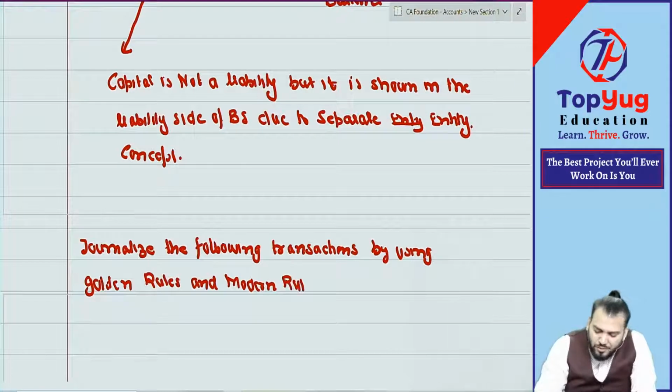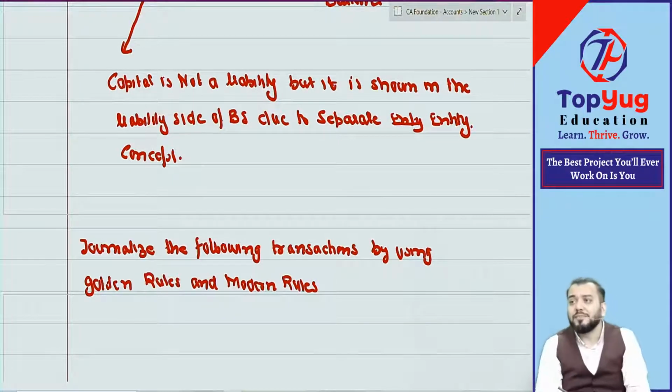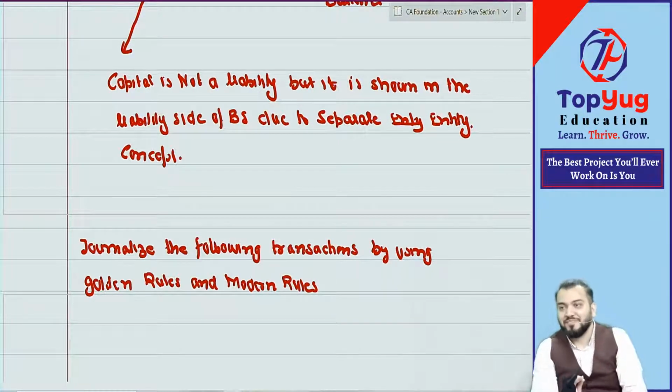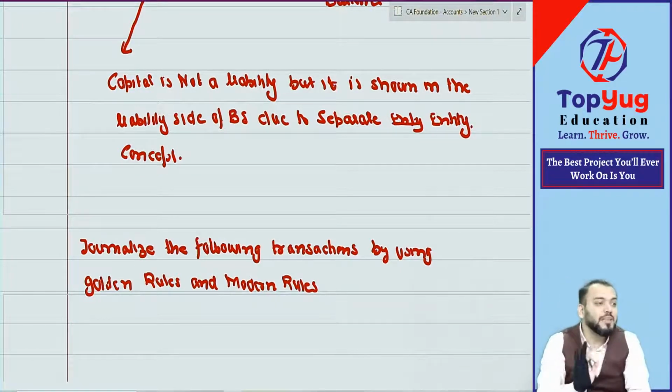In the exam, there is no need to mention which rules you are following. You need to only frame journal entries. They will not ask you which rules you have followed. What is the reason behind that?